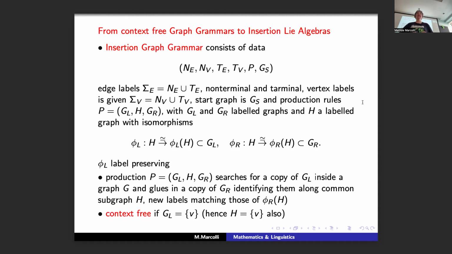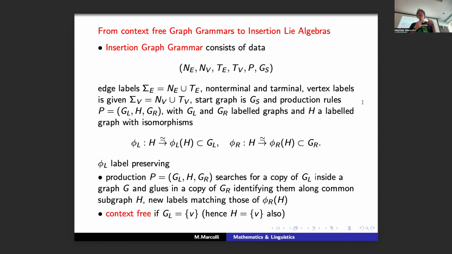One is the fact that if I give you a context-free graph grammar, then I can associate with it an insertion algebra of the same kind as the ones that are used in quantum field theory. And this is simply the fact that I can construct a bracket in the same way that I did for the insertion at vertices. Here, if it's context-free, they will really be insertions at vertices, but more generally, they are insertions according to whatever is the structure.